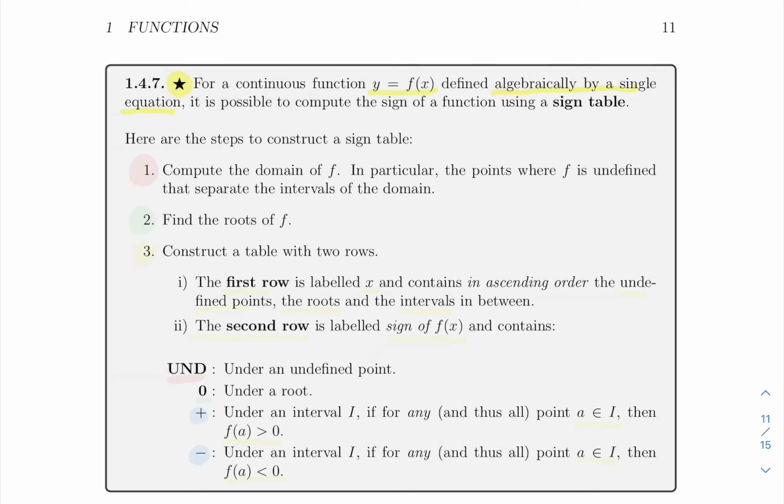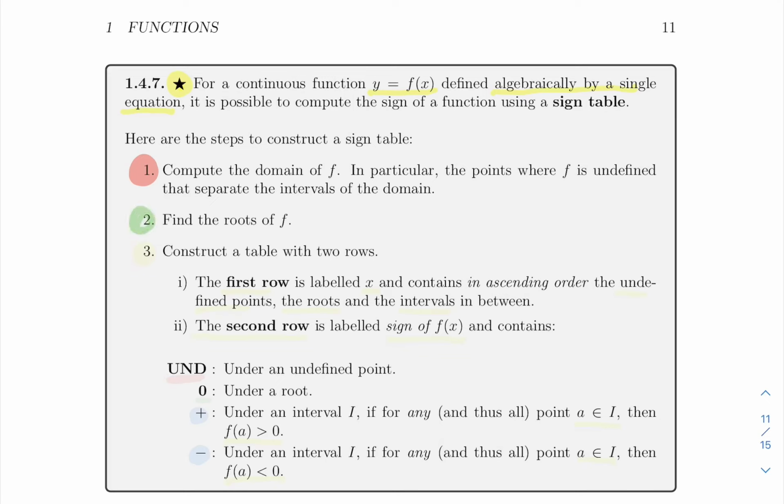So what do you do to construct the sign table? There's a couple of steps. The first thing that you do is you need to find the points where the function is undefined, which separates two intervals where the function is defined. So if you have a function that crashes at 0, but it's defined before and after, 0 is one of those important columns that you're going to use inside your sign table. So you need to find those special points that separate the domain into pieces.